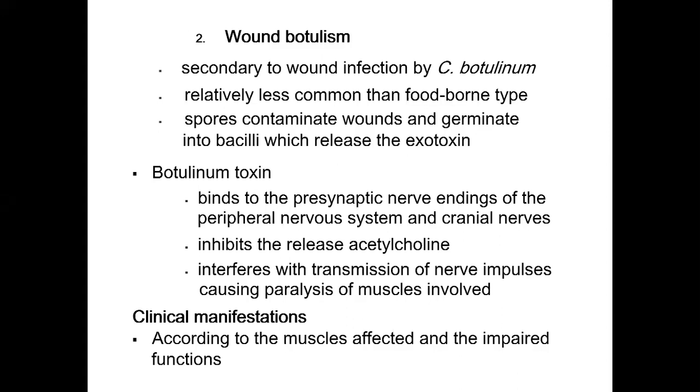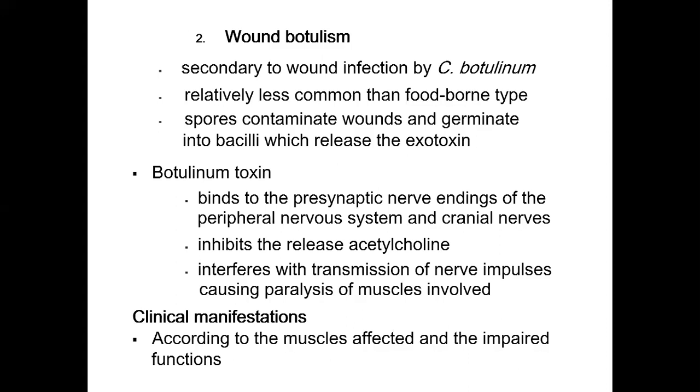And this exotoxin, whether it is foodborne or from a wound, gets into the blood circulatory system and eventually gets to the nervous system. Its main site of action is the presynaptic nerve endings of the peripheral nervous system and cranial nerves. Its main activity is inhibition of the release of the neurotransmitter acetylcholine.